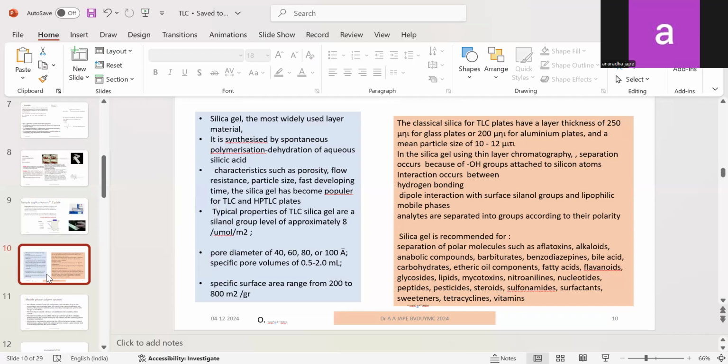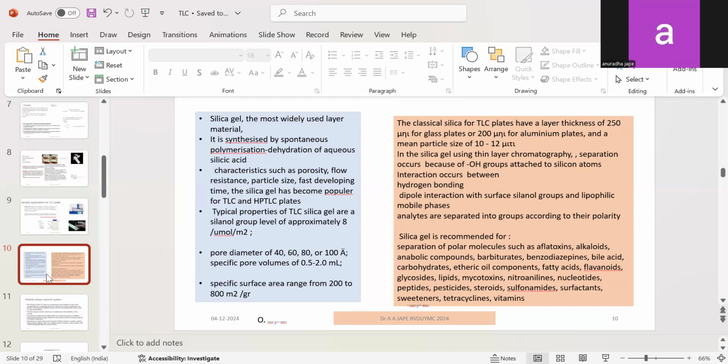So, when we are preparing a TLC silica plate, all these factors are to be taken into consideration, which include the pore size, pore diameter. So 60 Angstrom diameter silica gel is commonly preferred. Then the specific surface area, which is going to range from 200 to 800 square meter per gram.